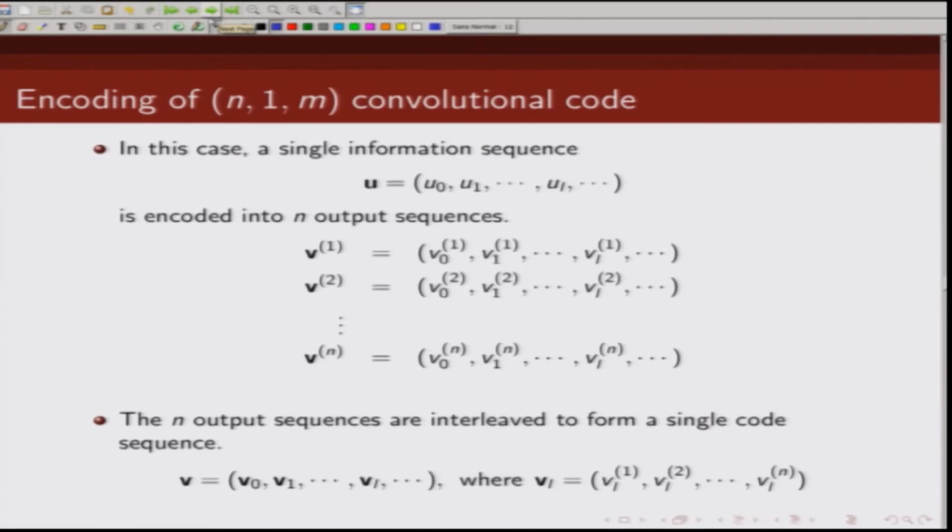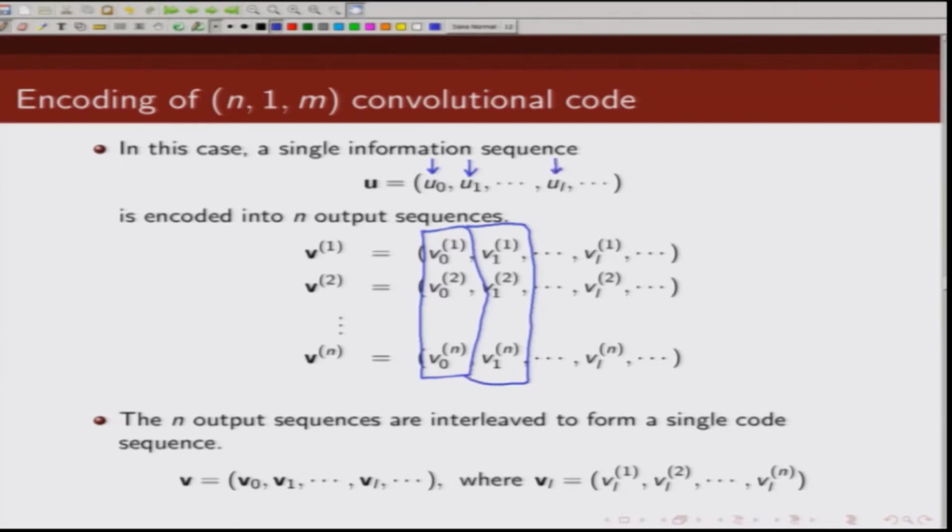The output at a particular instance, corresponding to u_0, is these n bits. Similarly, corresponding to u_1 my output is this.